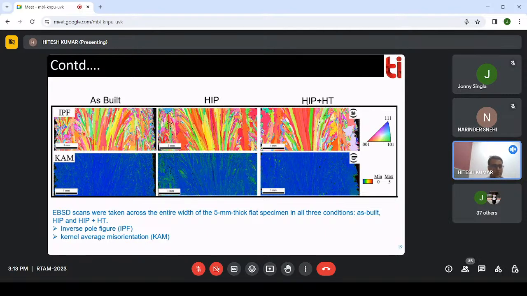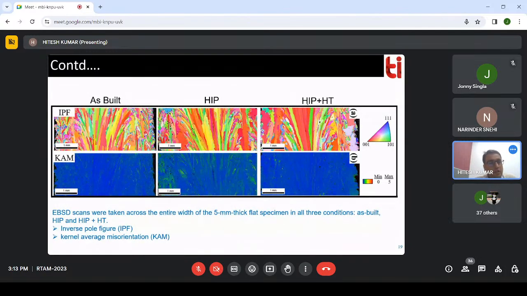What we observed in the as-built direction, these are basically H samples only, is a columnar structure, and at the corners there is also some fine grain structure.